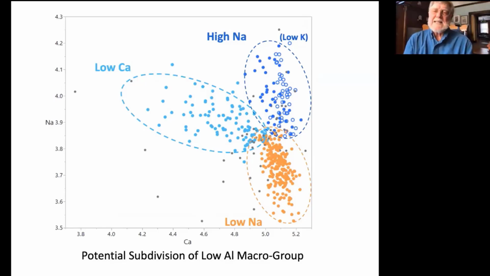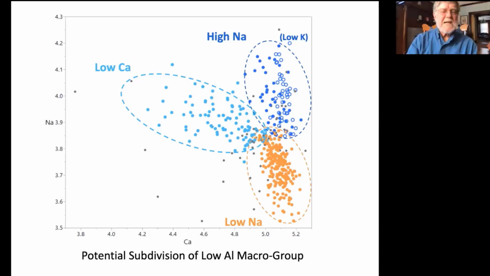You can look at it and say, yeah, there are several subgroups here, but using Mahalanobis statistics, which cluster them, the low aluminum macro group sherds are too similar to each other to divide statistically into four separate populations: low potassium, high sodium, low sodium, and low calcium. We can't separate them statistically, but visually they look different.